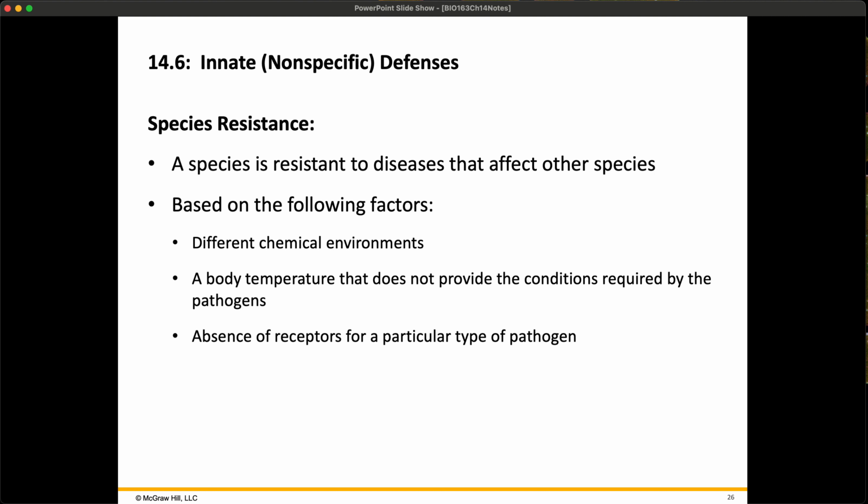In our digestive tract, we might have a different pH that does not allow for bacterial reproduction that might cause infection in another animal. Body temperature: smaller animals tend to run slightly higher in their body temps. It's normal for a dog to be up to 102, so they're going to shift their profile of pathogens. And then there's the absence of receptors for a particular type of pathogen.